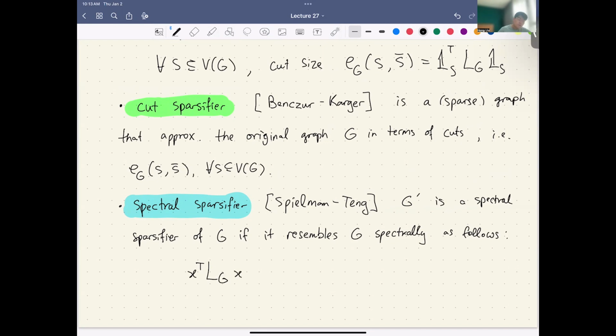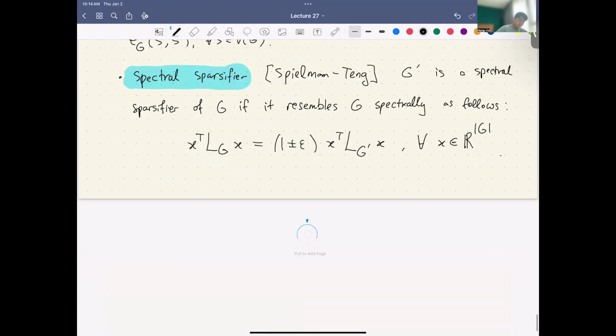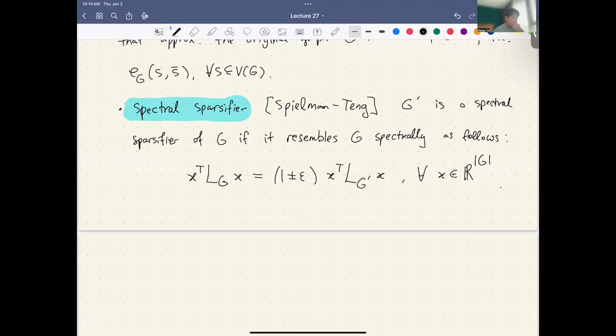This quadratic form we want to approximate equals 1 plus minus epsilon times the Laplacian of the spectral sparsifier times x, for all vectors x. Here, just quickly, what does 1 plus minus epsilon mean? It just means it's at least 1 minus epsilon and at most 1 plus epsilon of that.